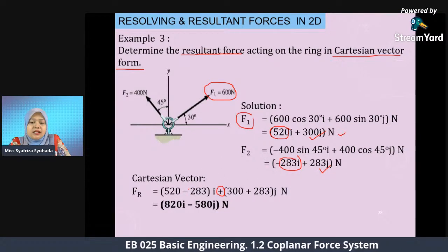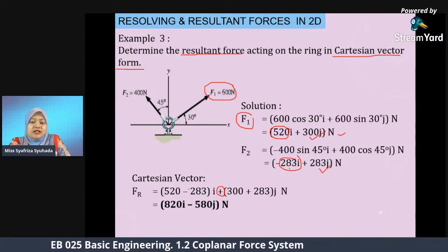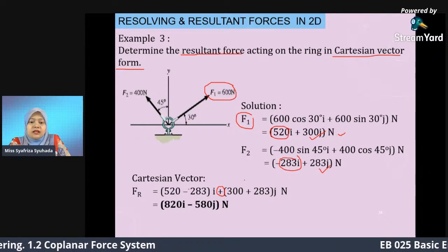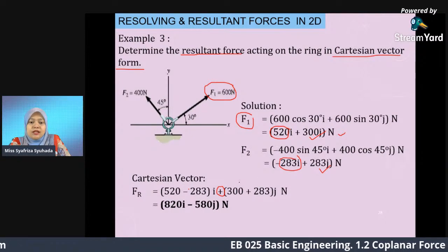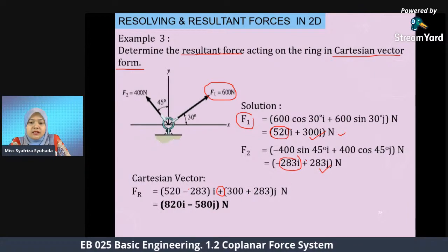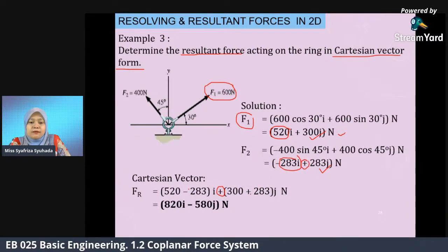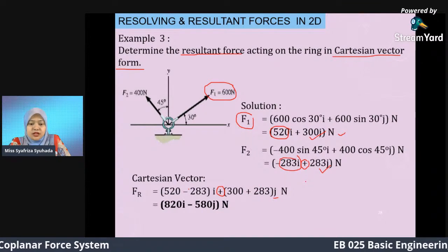Kenapa tolak? Sebab negatif 283. Okay, 283 tolak. Okay, tambah I, tambah dengan 300. This one akan menjadi tambah. Kenapa? Sebab di sini tambah ataupun positif. So dia akan tambah dan di luar kurungan is J. Okay, selesai dulu I, J, J.